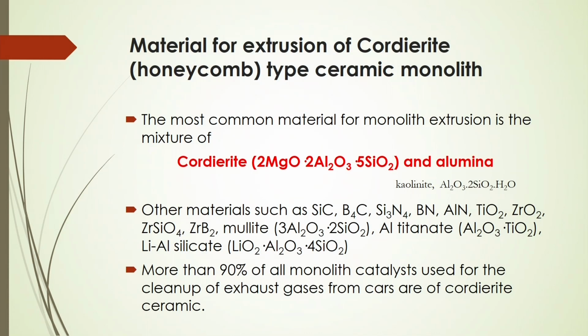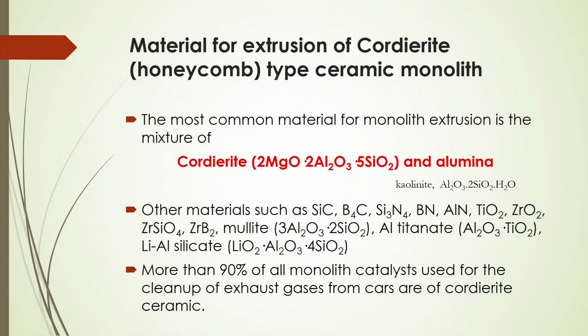Other materials you can use include silicon carbide, bismuth carbide, boron nitride, aluminum nitride, silicon dioxide, zirconium oxide, other oxides, and also mullite, aluminum titanate, lithium aluminate and silicate. These types of materials can also be used for the extrusion to make the ceramic monolithic structure.